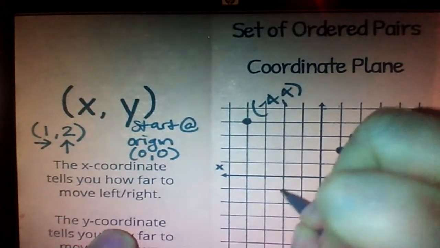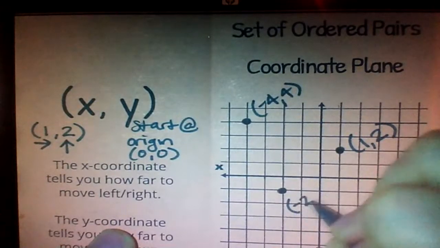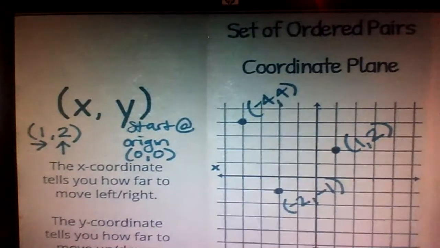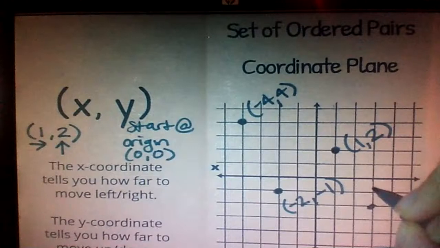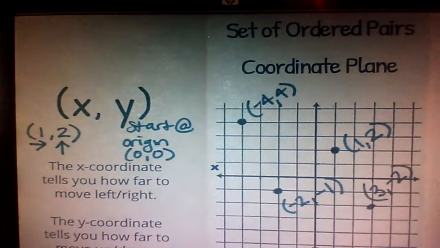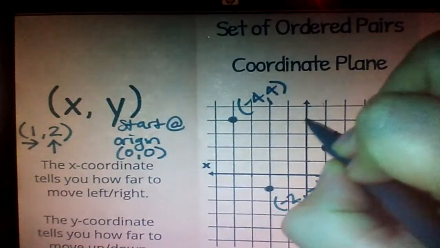I can put one here, which is at -2, -1. I can put one here, which is at +3, -2. They're a relation because they have an x value and a y value. Would this be a relation?